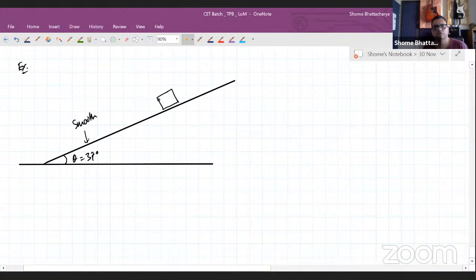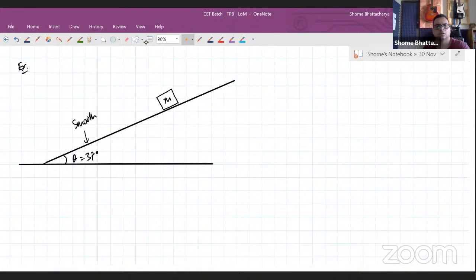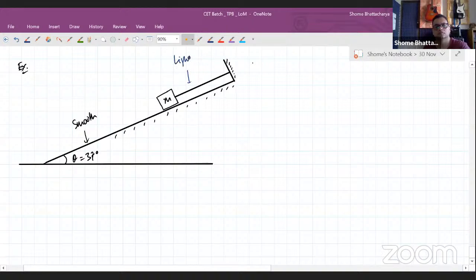On this there is a block of mass m placed like this, and the block is connected by a light thread which is attached to a wall like this. So the light thread develops a tension like this.